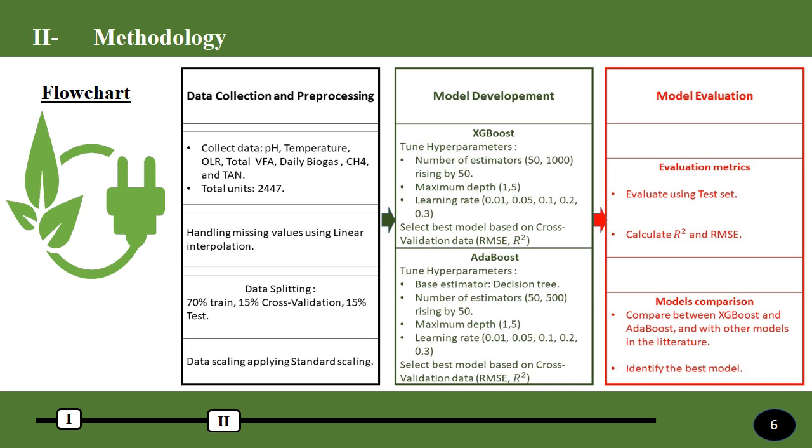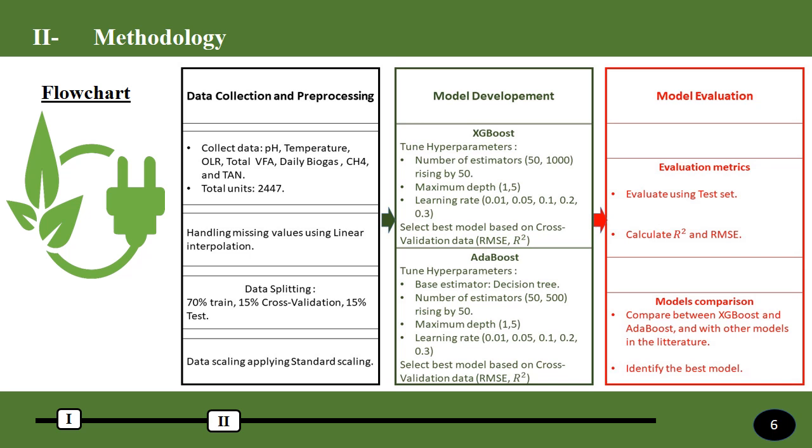The second part is the model development and construction, in which the train and cross-validation data were fed into the models, in which we apply a nested loop considering three tuning parameters for the two models. Number of estimators ranging from 50 to 1000, rising by 15 in each step for XGBoost, and ranging from 50 to 500, rising by 15 for AdaBoost.